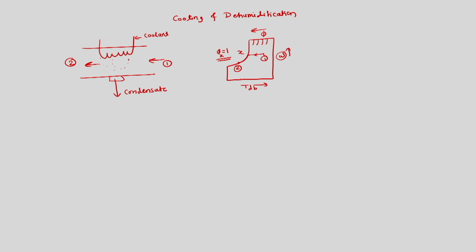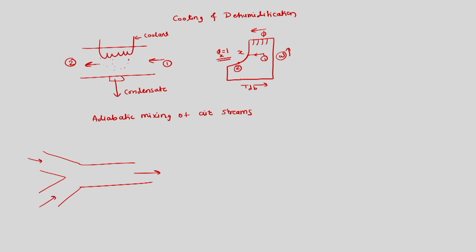There is a fourth process, which is adiabatic mixing of air streams. Here in this process we can consider that there are two channels which are mixing and then forming one stream.